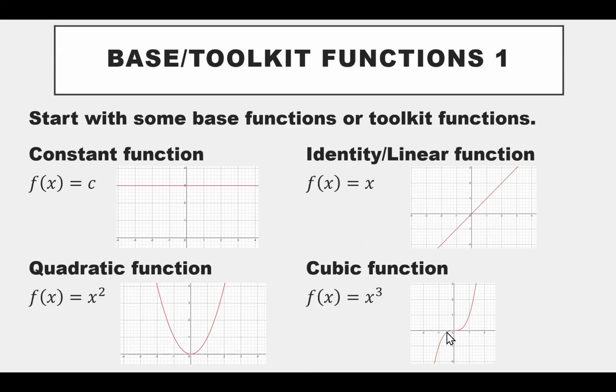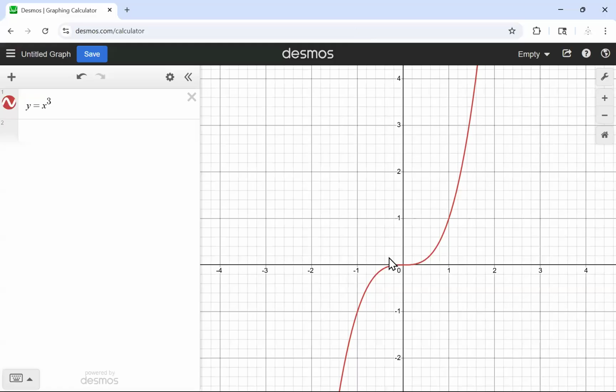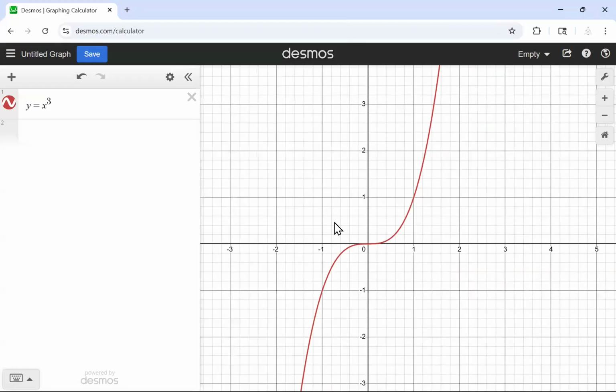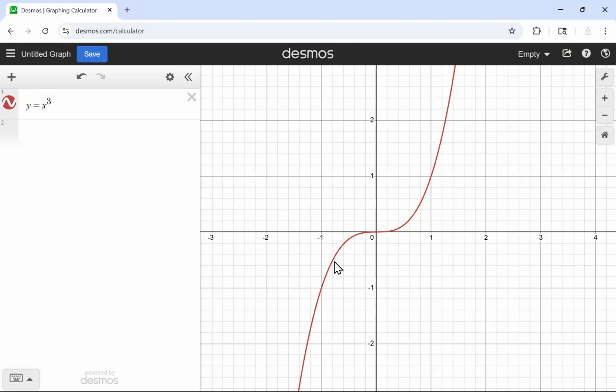But notice that as it goes through the origin, that's kind of where it flattens out for a moment. I'm going to view it in Desmos because it has a little bit bigger graph than here. So the point at which it flattens out for just a moment is the origin in my base cubic function. And then it goes through the point 1, 1. So 1 unit to the right, 1 unit up. So that's what I'm going to look for in my graph.